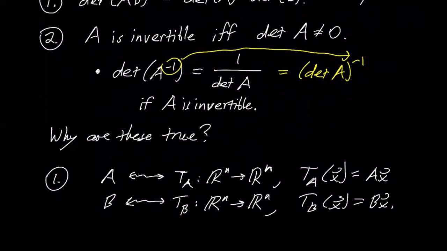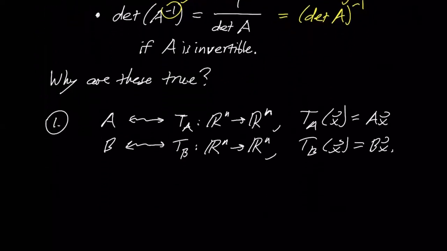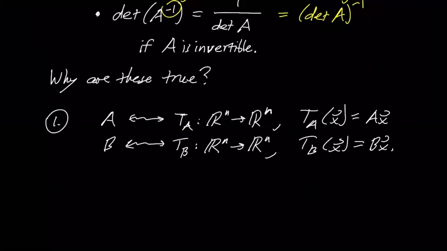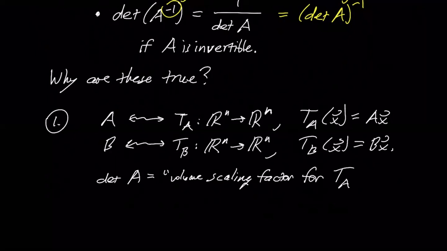And so the whole point of the determinant of A is the volume scaling factor, right? T sub A scales volumes by the determinant of A. I'd really rather say it's for this transformation T sub A. That's really what the determinant is.